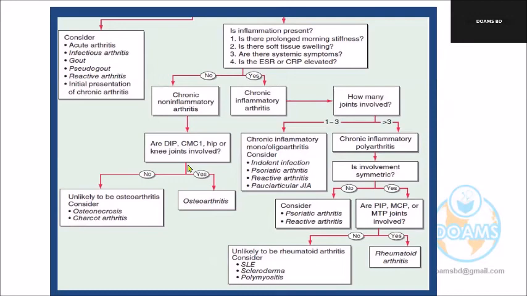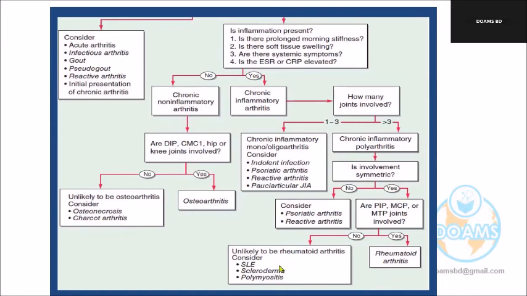But in the later part, if it becomes very difficult to say this is rheumatoid arthritis, this is psoriatic arthritis and others, then think of systemic lupus erythematosus, scleroderma or polymyositis. What does it mean?